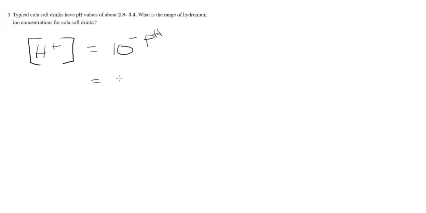So if I do 10 to the negative 2.8 on my calculator, that's a 0.8, not a 2. I'm just going to do it simple on my calculator: 10, use my little caret, negative 2.8, and I got 1.6 times 10 to the negative third.